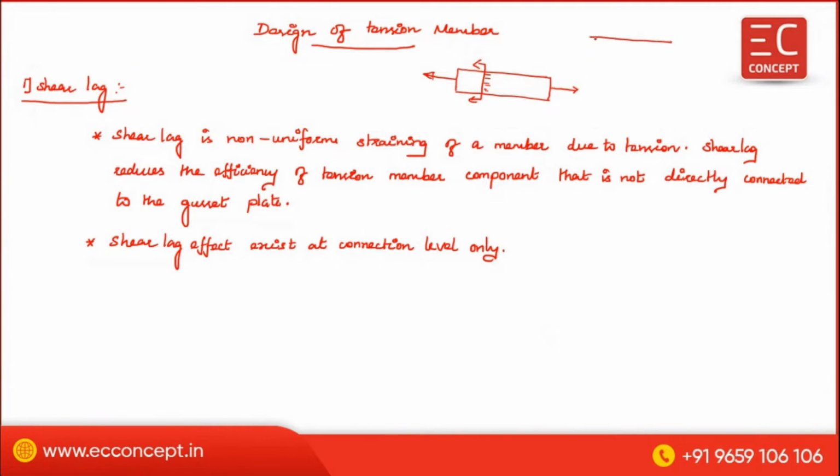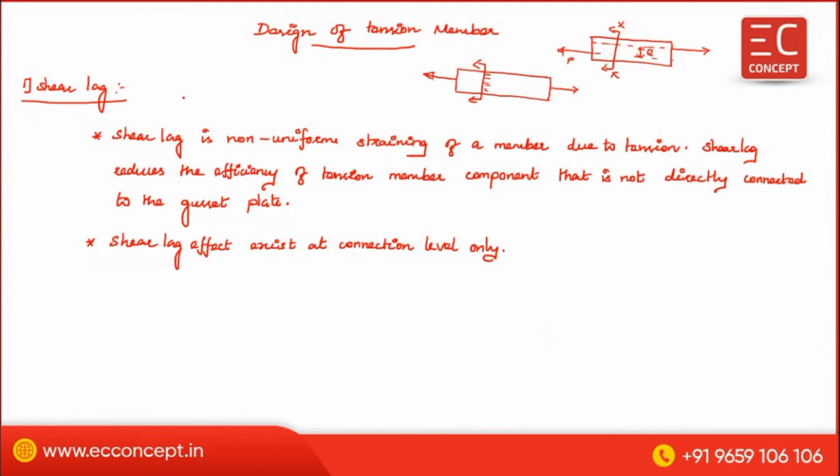At the same time, if one force is acting somewhere here and another force P somewhere here, because of this eccentric loading, a non-uniform strain will take place on every cross section. Because of this non-uniform strain, the shear lag effect has come.